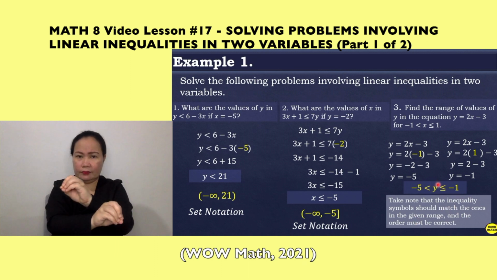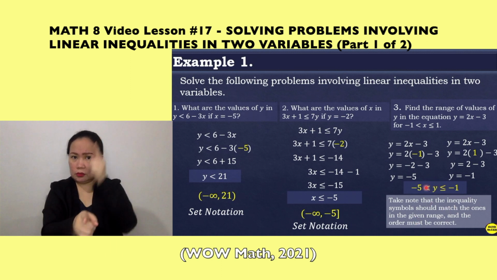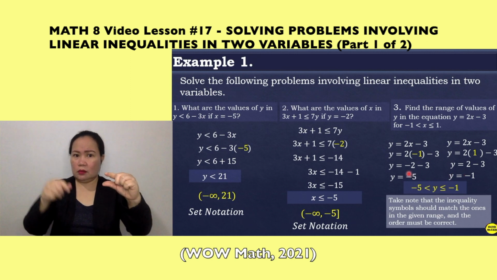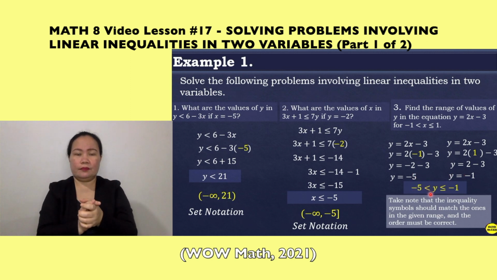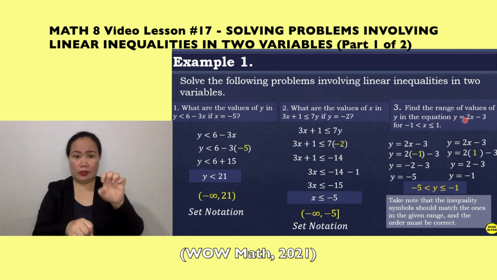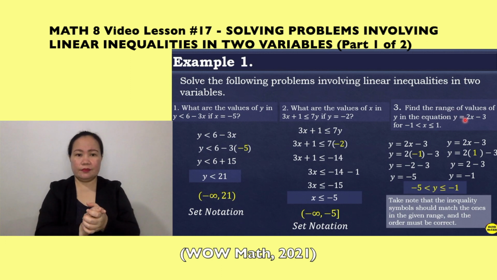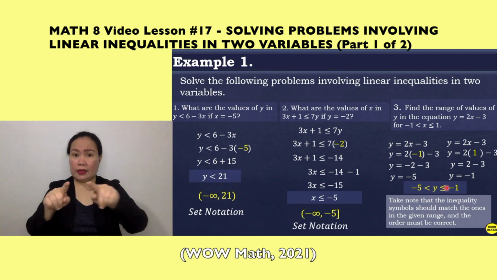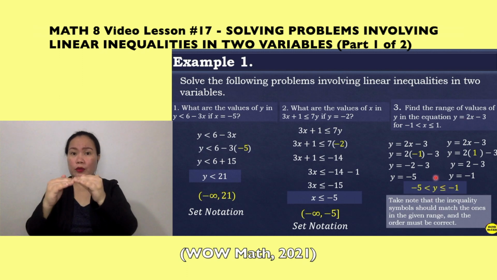Okay? So, tandaan po na kung ano po yung makukuha nating sagot dito, that will be the range. And then take note that the inequality symbol must be the same dito sa ating answer. Okay? So, therefore, the range of values of y in the equation y is equal to 2x minus 3 is greater than negative 5 but less than or equal to negative 1.